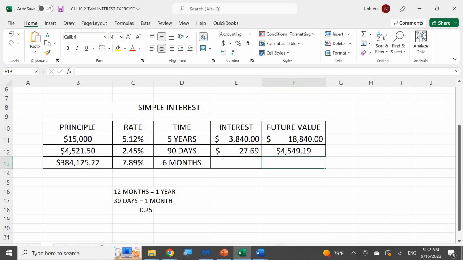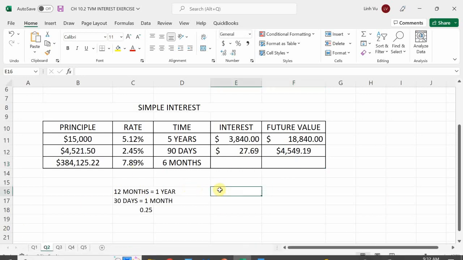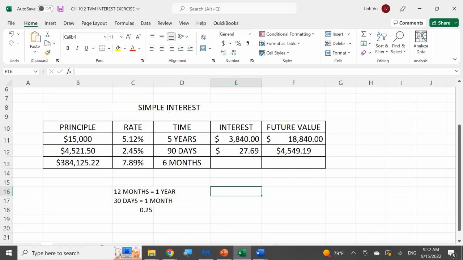Last example here is that you borrowed $384,125.22. Your interest rate is 7.89%, and it's for 6 months. So again, 6 months, so it'd be 0.50. Good, right? 6 out of 12 is going to give you 0.5. So the interest is going to be 15,153 and 74 cents.